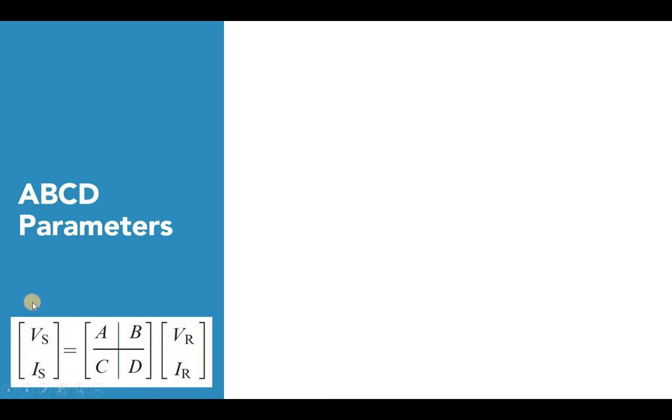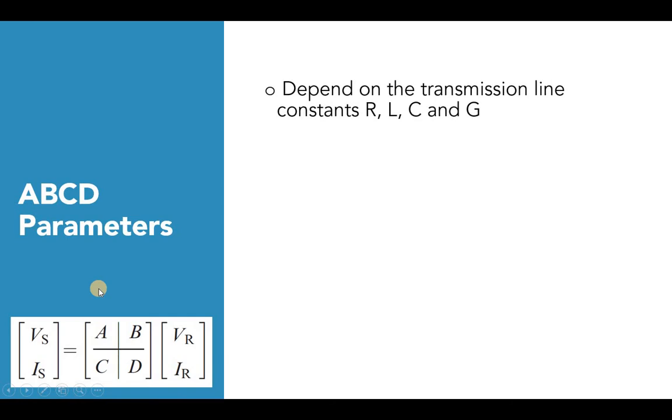The ABCD parameters depend on the transmission line constants R, L, C, and G, which are already defined and discussed in the previous presentations.